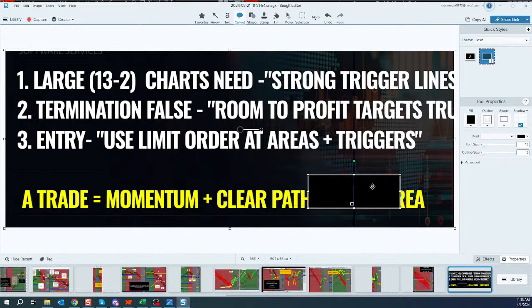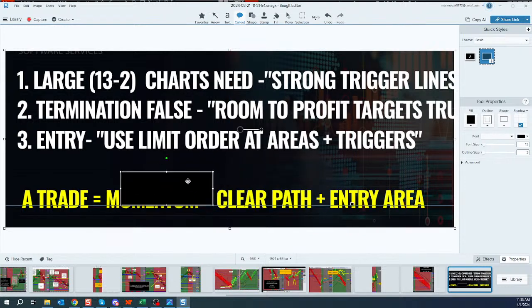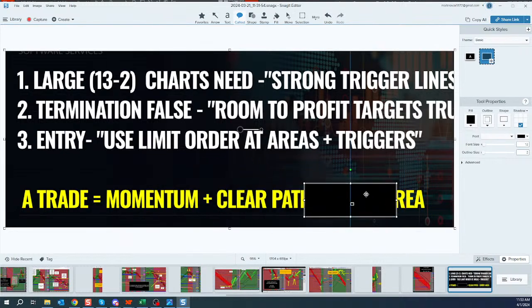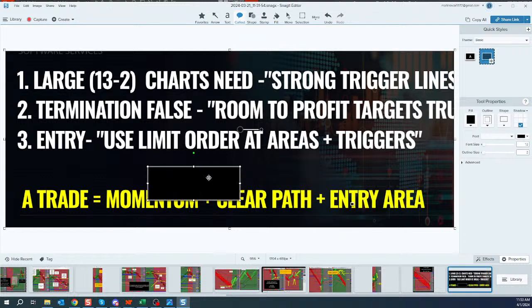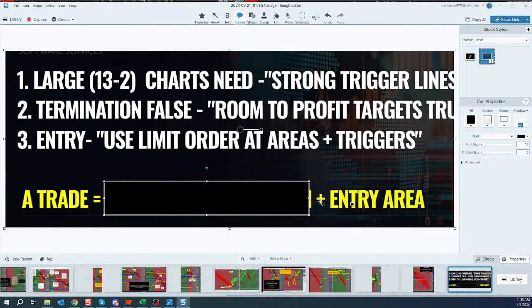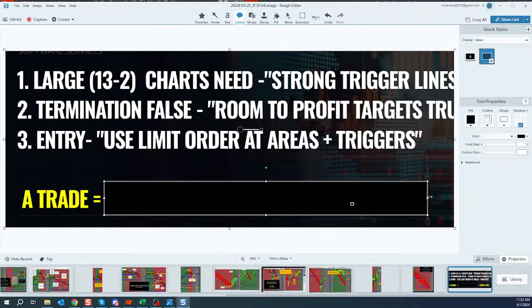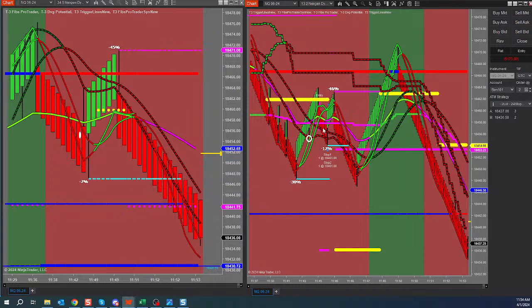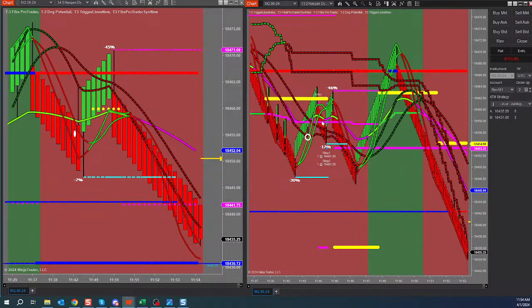And I have to decide, do I have enough in my favor to risk money on a medium probability? But if I didn't have the clear path and then divergence takes away the momentum and my entry area is just crappy, no offense, Gene, why did you go short? Other than you hoped it would go down.